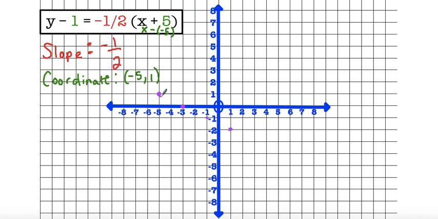And 4 points is more than enough. So all I have to do is connect these and try to draw it as straight as possible. And make sure to draw arrows at the end to show that your line keeps on going. And that's it. So that's all you need to know for point slope form.